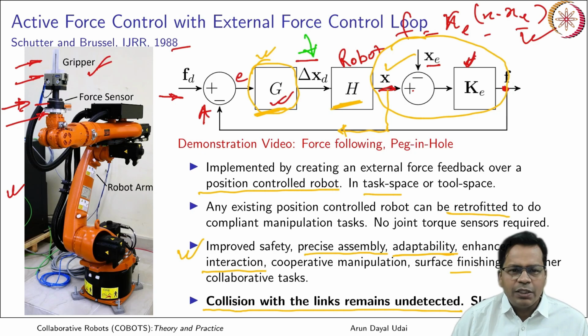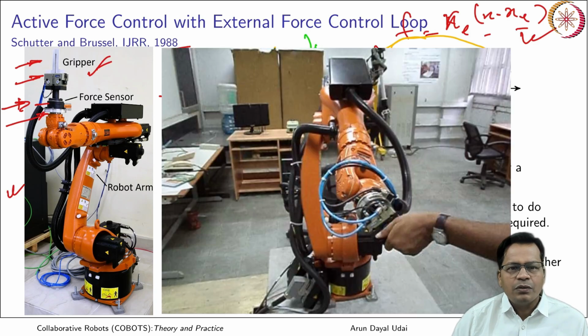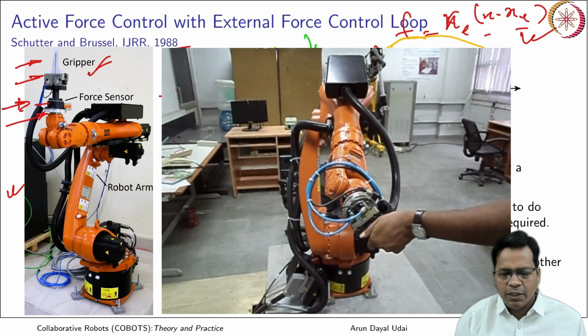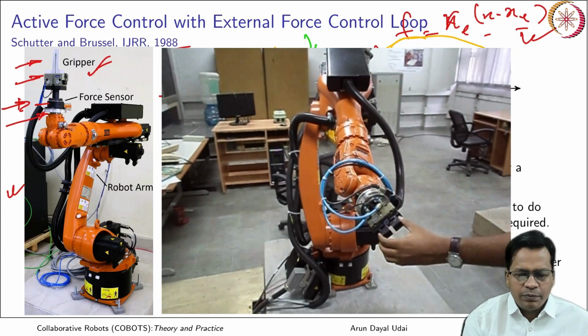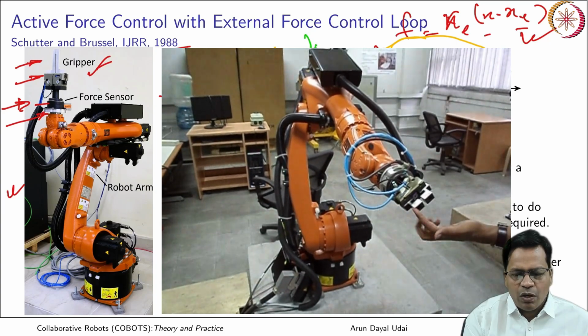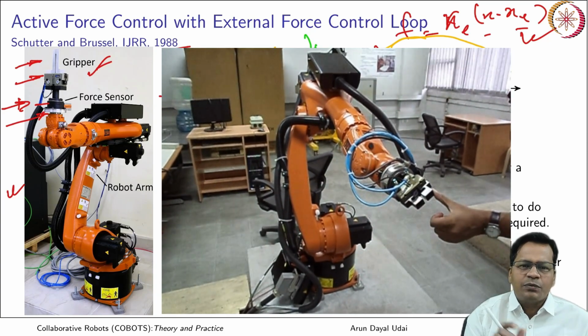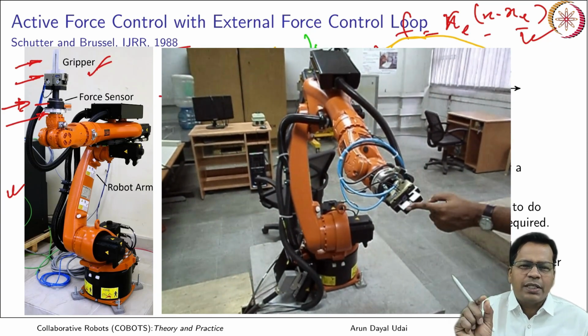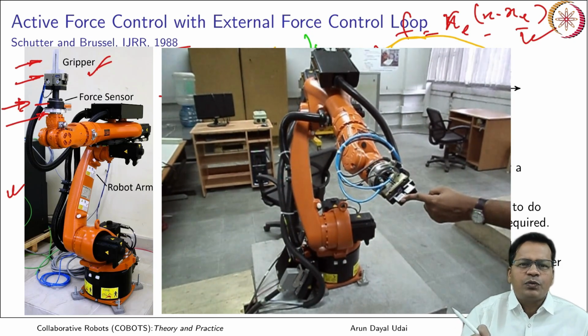Let us just see a small video on that. So this is what I am doing. I have just fitted an end effector force torque sensor at the end, and it is checking for forces from all the three directions. I am able to move the robot.